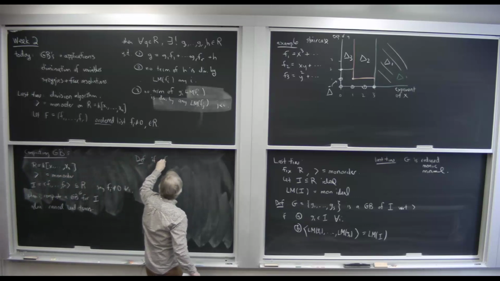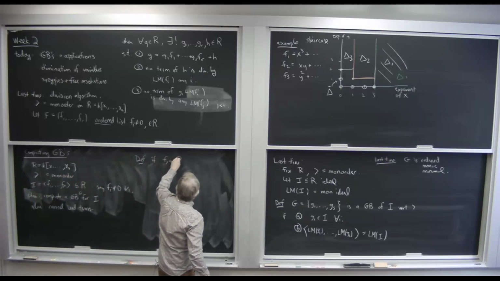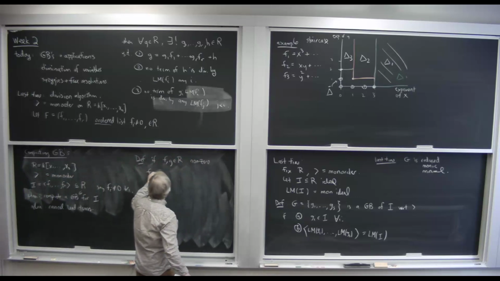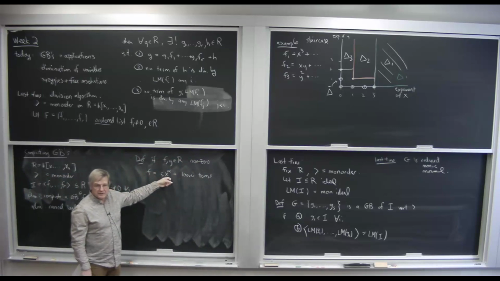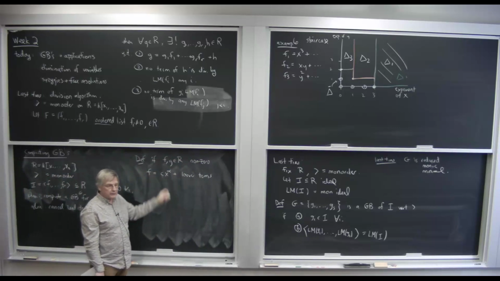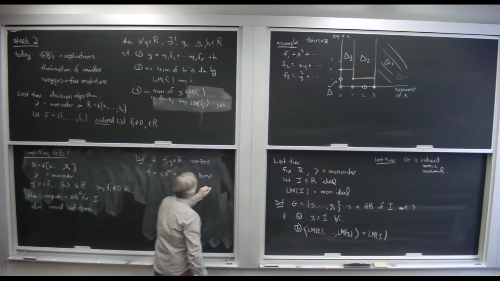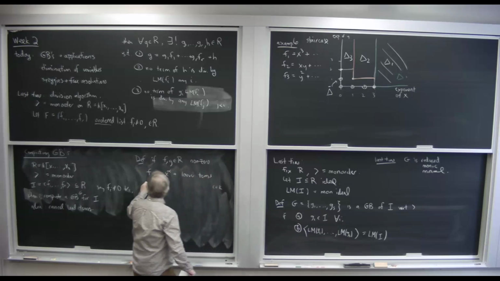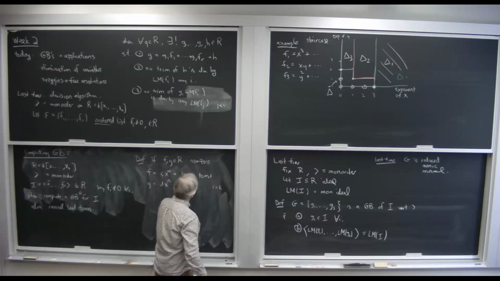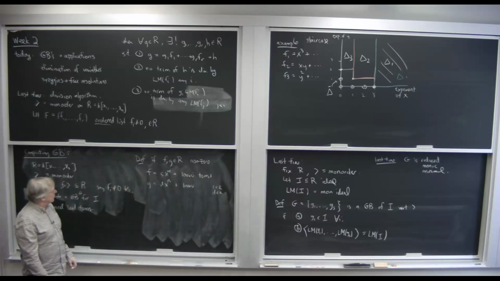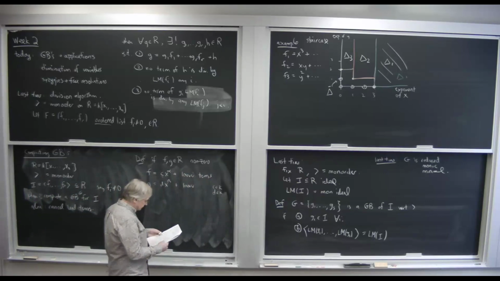If F and G in R are non-zero, let's suppose that F is equal to C times X to the alpha plus lower terms. So this monomial here is the lead monomial, and this is the lead term when you throw in the constant. And so C here is in the field. And G, say, is equal to D times X to the beta plus lower terms. And D is also in K. Okay. So those are the lead monomials or terms of F and G.